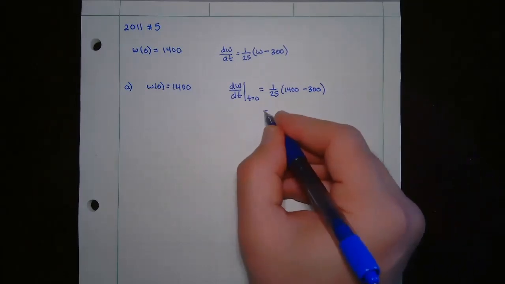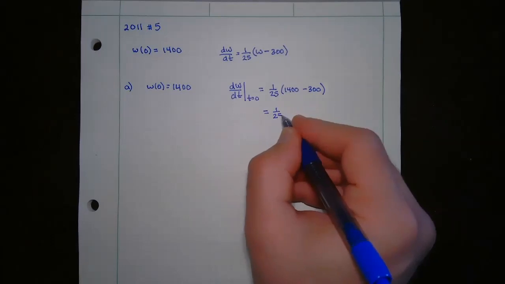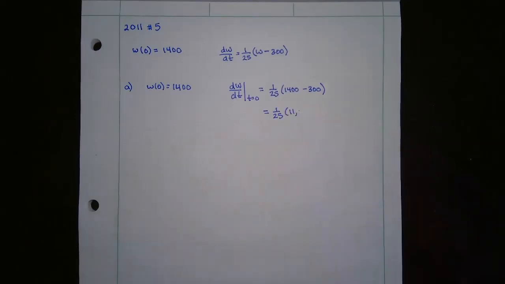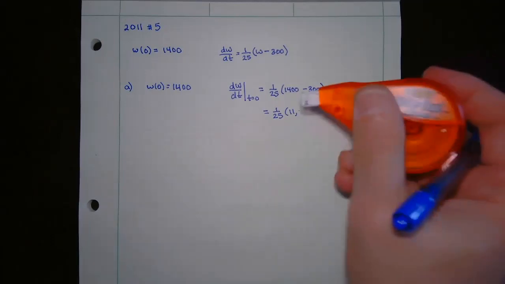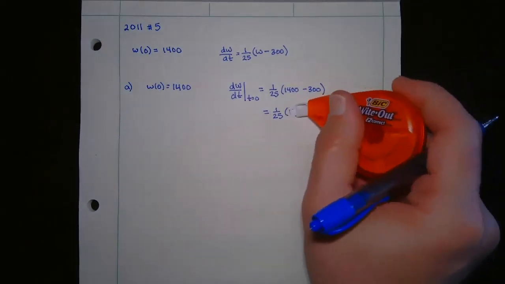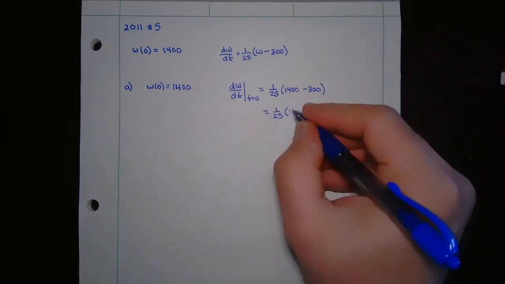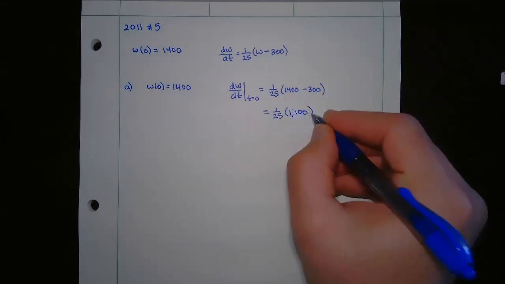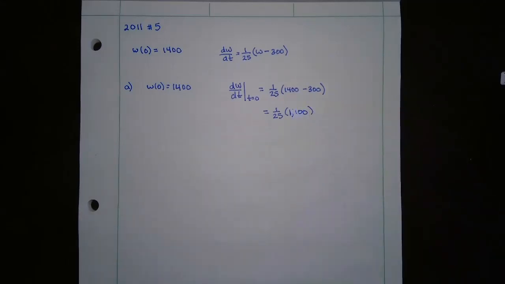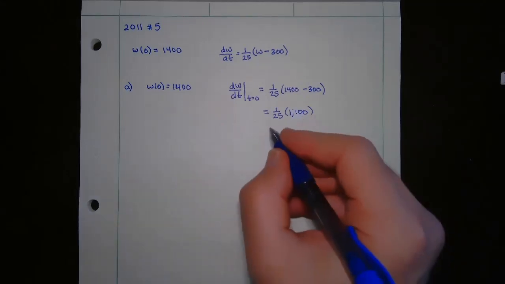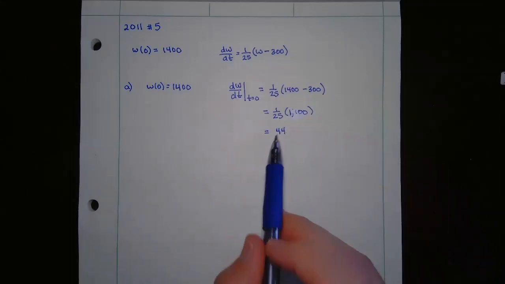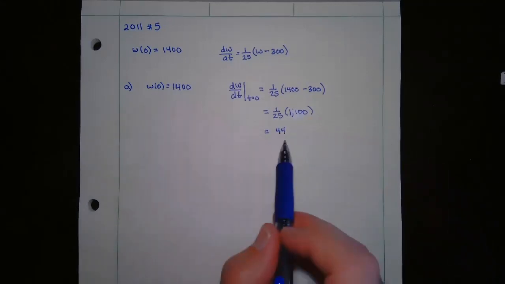That would equal 1 over 25 times 1,100, not 11,000, whoops. 1,100. And so that would come out to be 44. Okay, so that's our slope. This is our point, that's our slope.